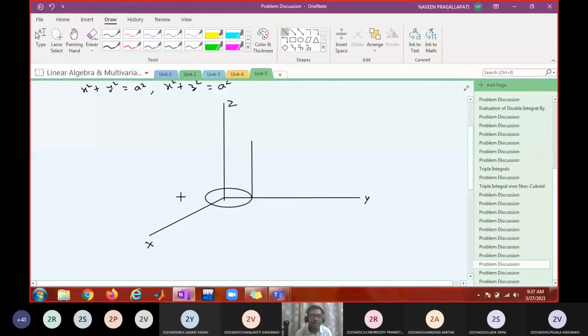So this is x square plus y square equal to a square, right?